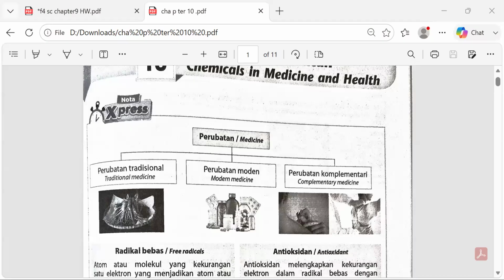Okay? So an example is acupuncture. Needles are poked into acupuncture points. Have you gone for acupuncture before? Yes. Okay. Chiropractor is to realign the bones. Traditional massage is to relax the muscles. Homeopathy. Do you know what's homeopathy?